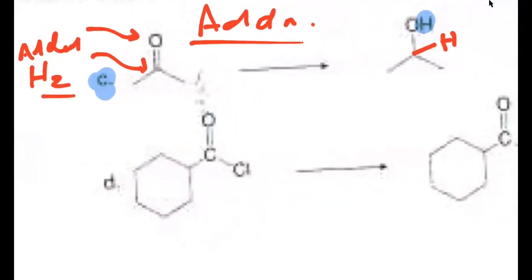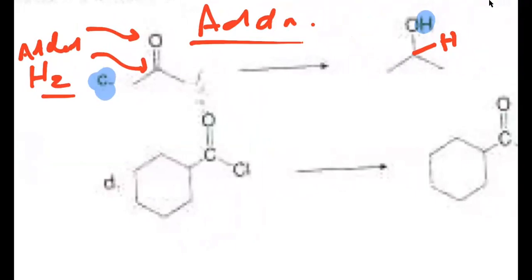You're right. What did I add in this particular case? Right, it looks like I added a hydrogen to this carbon and then a hydrogen to oxygen, doesn't it? Right?